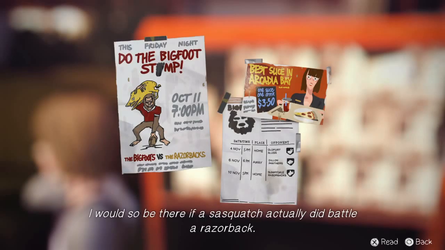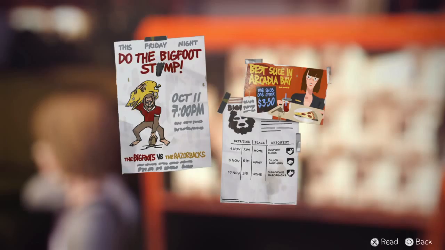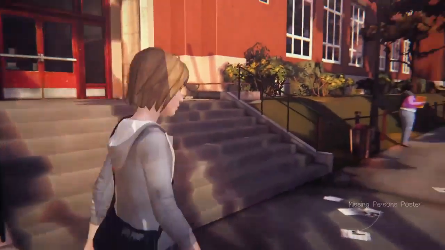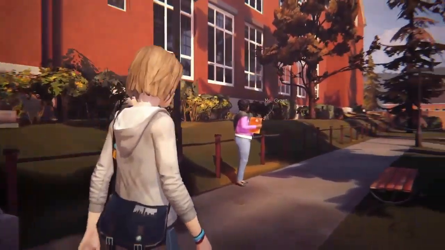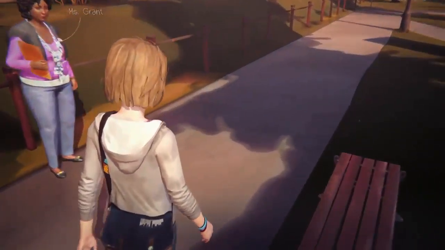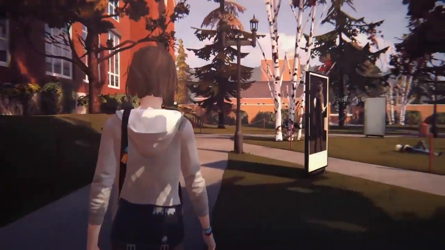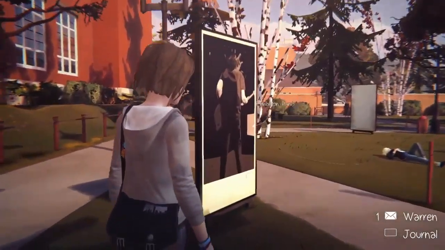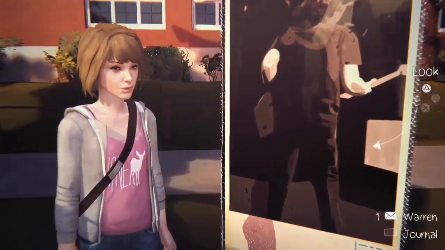I would so be there if a Sasquatch actually did battle a Razorback. Better read.